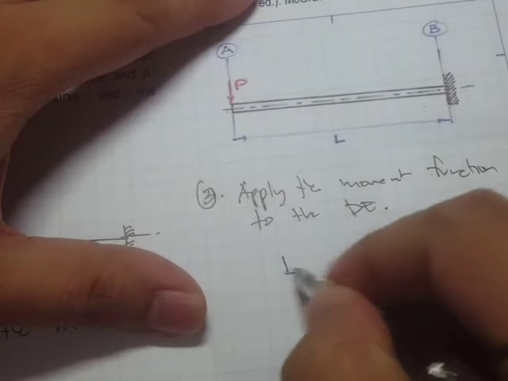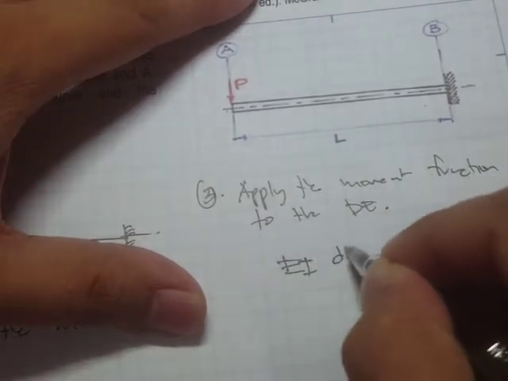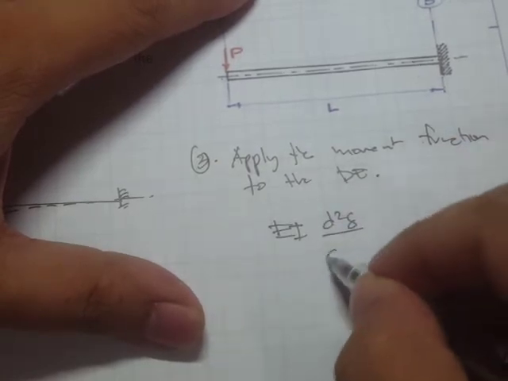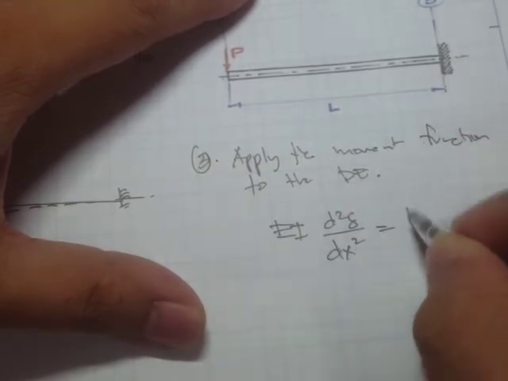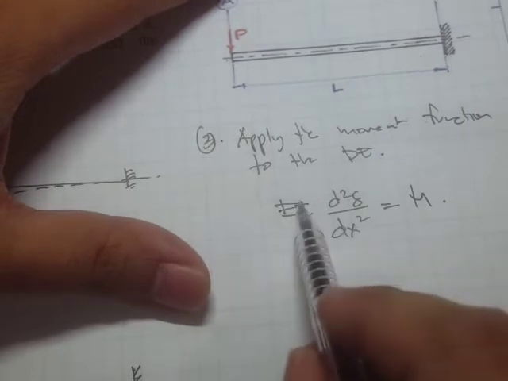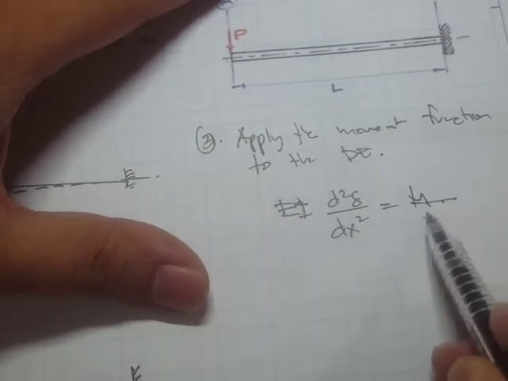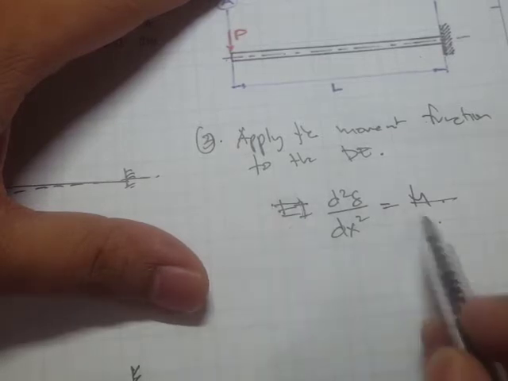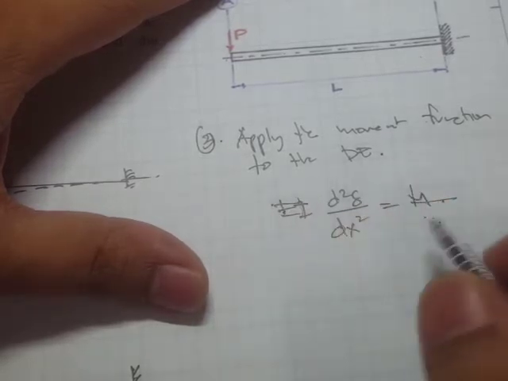And we have EI times the second derivative of deflection with respect to x is equal to M. Recall that this EI from the denominator of the right hand side, I just transposed it to the numerator of the left hand side.